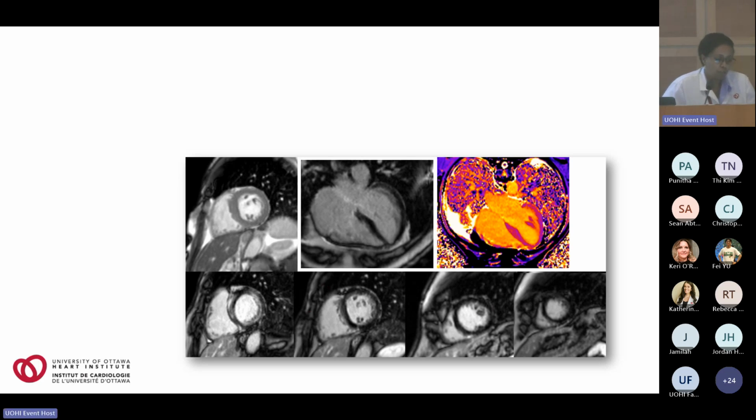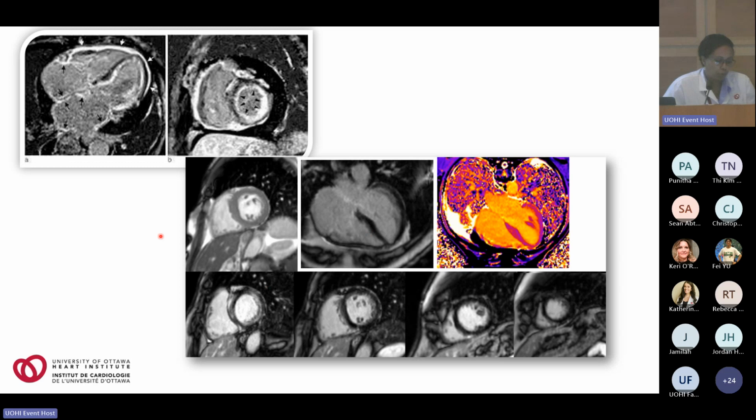This is another case of an early ATTR amyloid case, where the only clues we can gather from these images could be, on the bottom, the LGE images with only the base being involved. Here on the top right, we have T1 maps. One can say that maybe just the base has slightly higher T1 times.